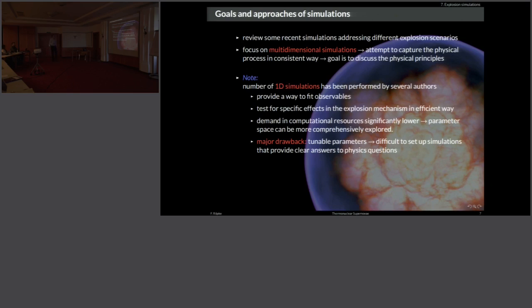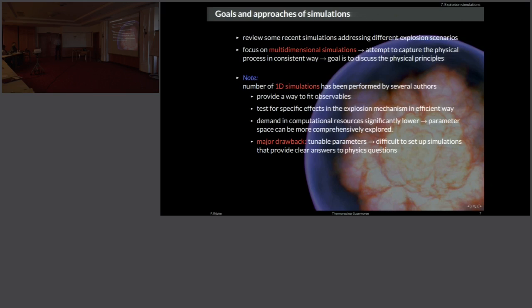These have been performed by a number of authors over a number of groups over several decades now, and they of course also have their value. They provide very nice fits to observables, and they can also be used to test for specific effects in the explosion mechanism in an efficient way, because the computational demand of these one-dimensional simulations is significantly lower, so you can explore the parameter space much better.